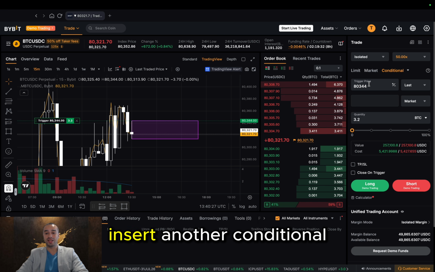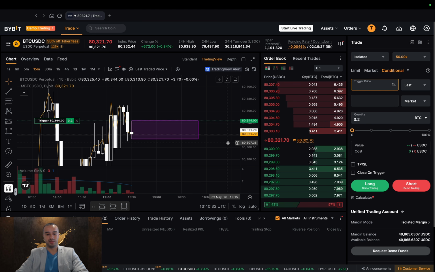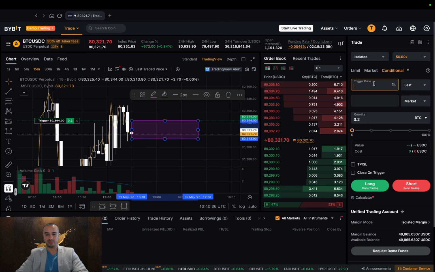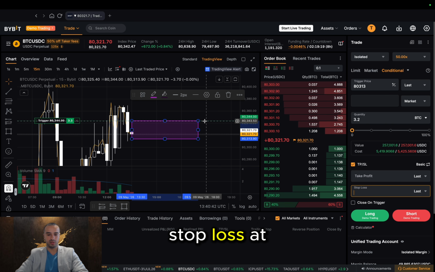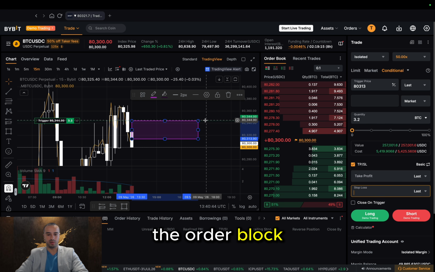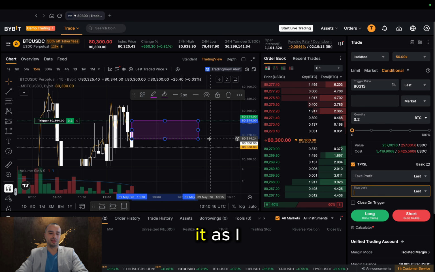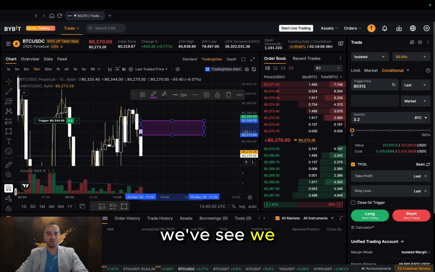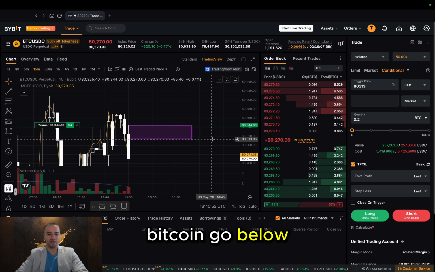Now you can insert another conditional order, and you can set it at the bottom, 8313 trigger price, stop loss at the top of the order block. So we missed it. As I was showing it, we are looking live, Bitcoin went below.